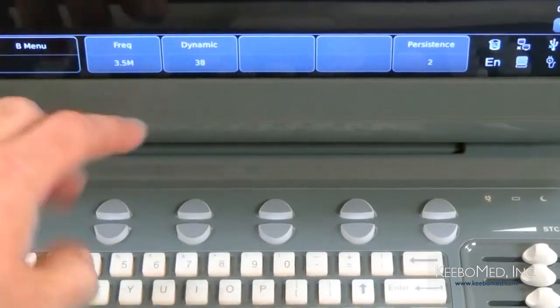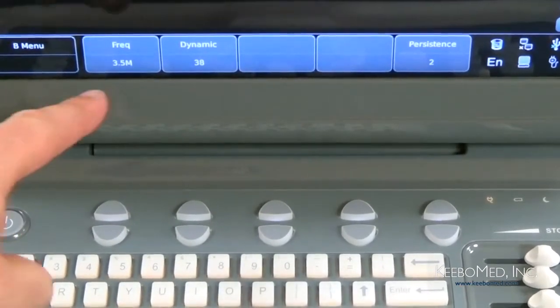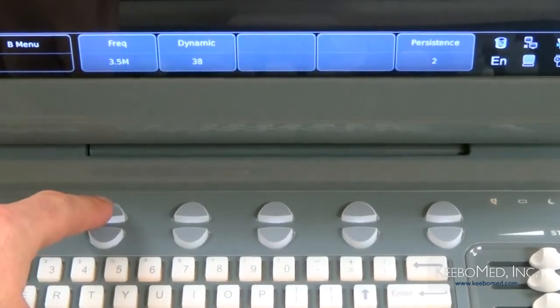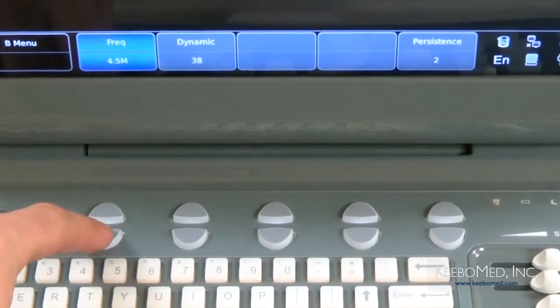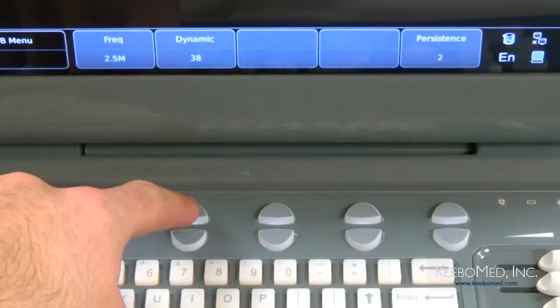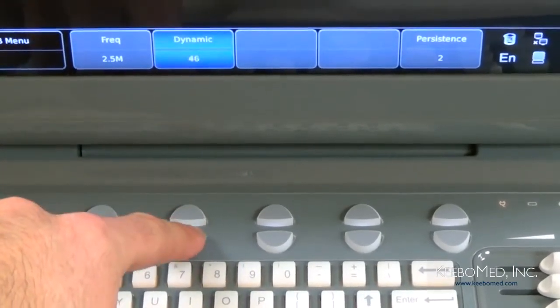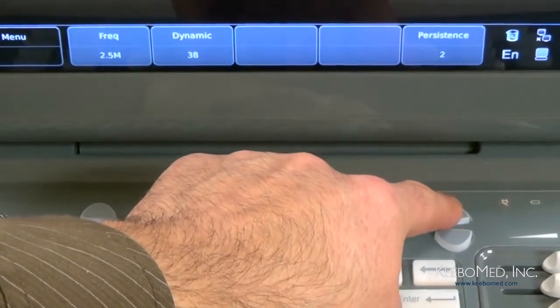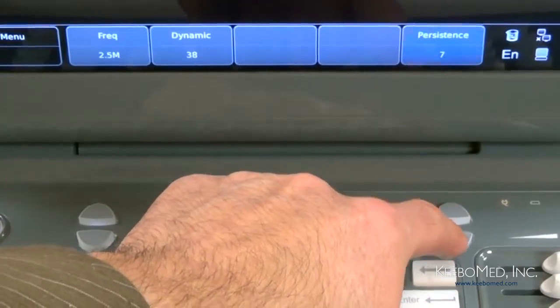For example, this is in B mode right now, and here we see with this key is a probe frequency that can be changed either up or down. Next we have dynamic that can be adjusted either up or down. And then finally at the end we have persistence that can be adjusted up or down.